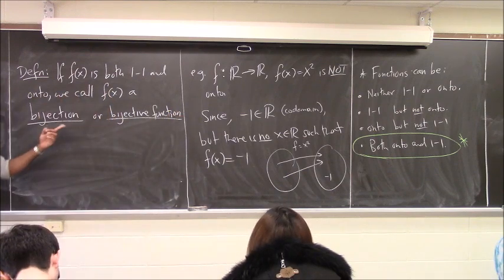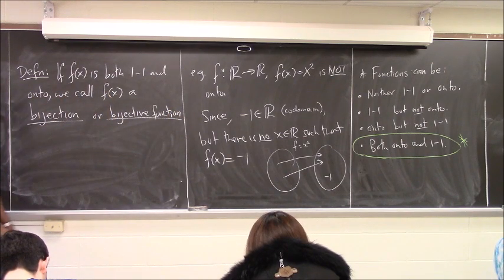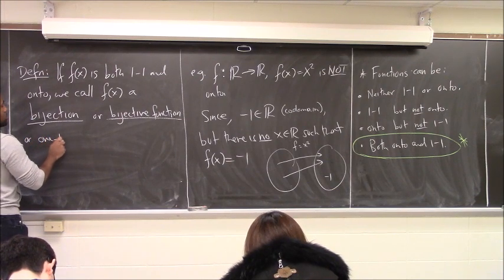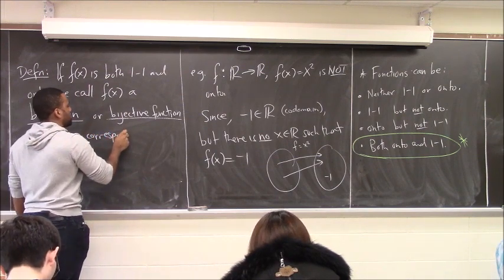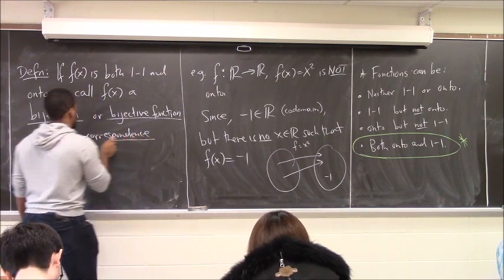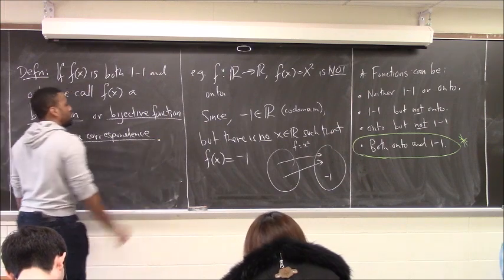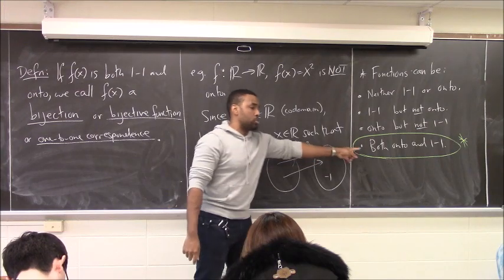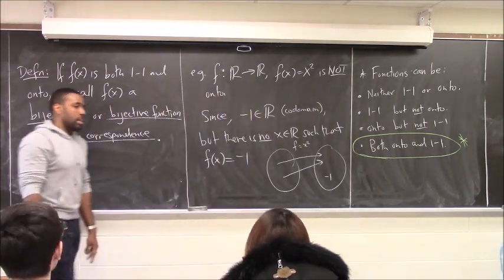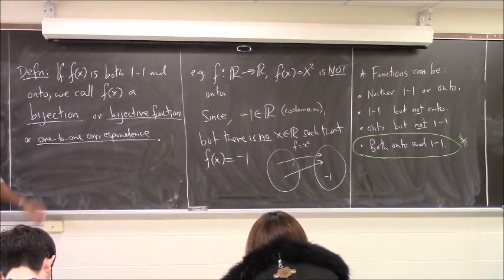Right? So that's the noun, that's the adjective way of calling it, or a one-to-one correspondence. Okay, so that's the definition. The functions that have both those properties that I just spoke about, they're a very special class of functions. We call them the bijections.